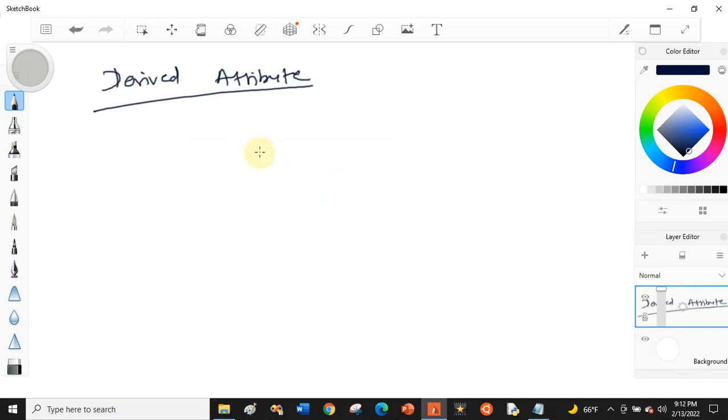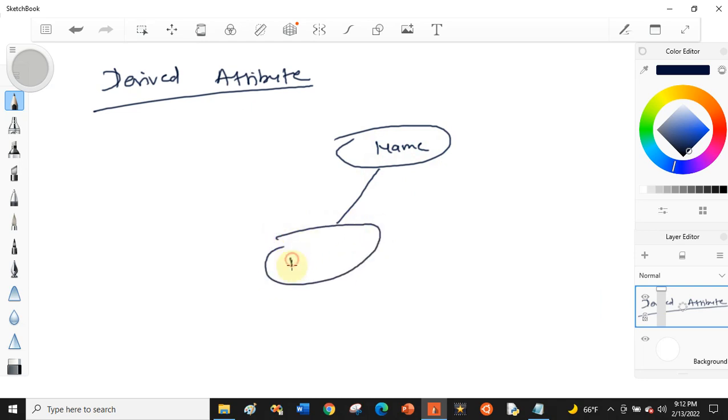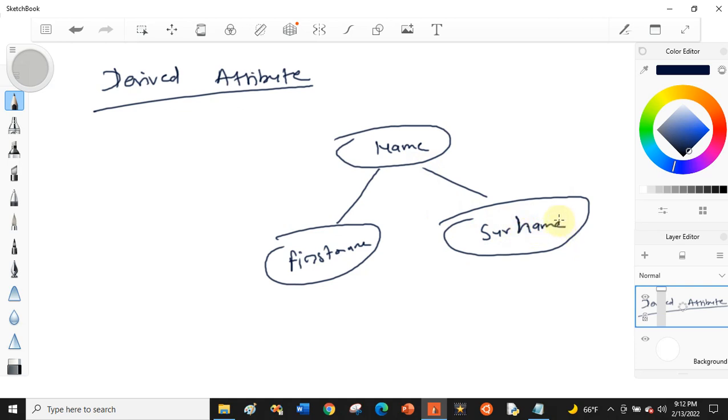Sir, what is a derived attribute? Which is derived, like your name, right? I'm just writing attribute here, name. So maybe you have two names. Number one is your first name, that is your actual name, and another one is your surname, which is also known in this world as last name in some countries, but we call it surname.